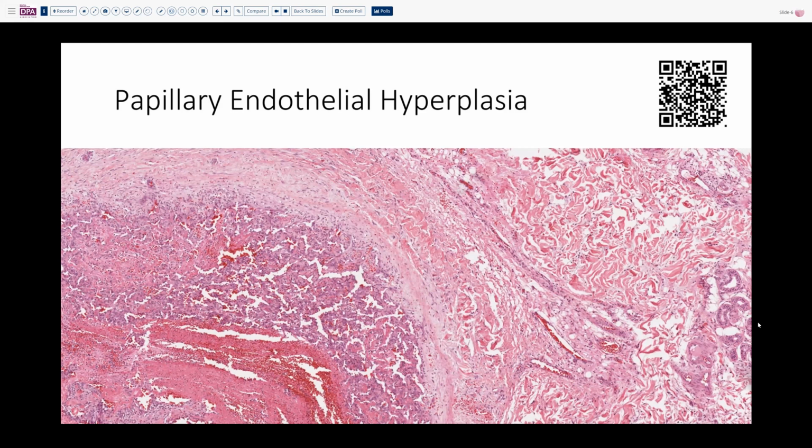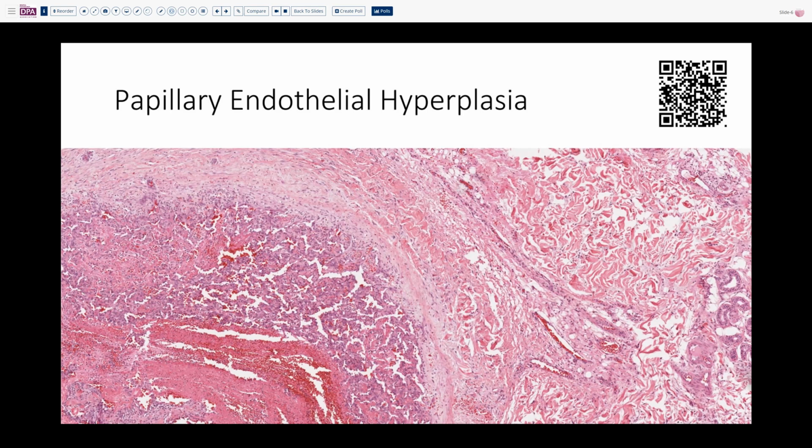There are some secondary forms that occur when there's some sort of a pre-existing vascular lesion, which would lead you to think that this is related to trauma to a vessel or abnormal clotting and healing response in these situations. So lesions like vascular malformations, cavernous hemangioma, and so forth, these can all develop this papillary endothelial hyperplasia.